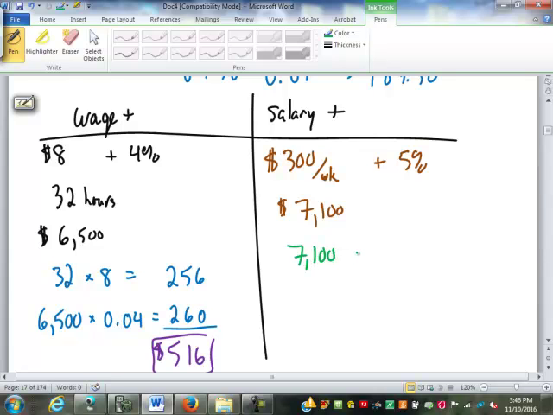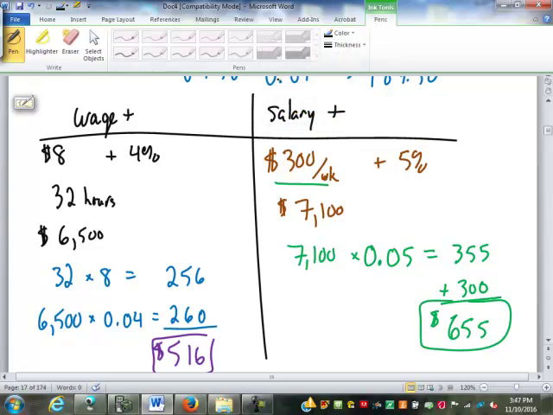So 7,100 sales times what? .05, good. Which is going to give us $355. Now, of course, we do still have to add our 300 base salary to get $655 total pay for the week.